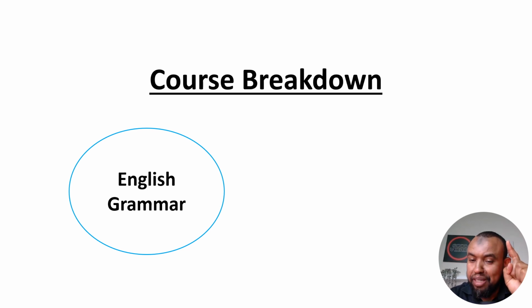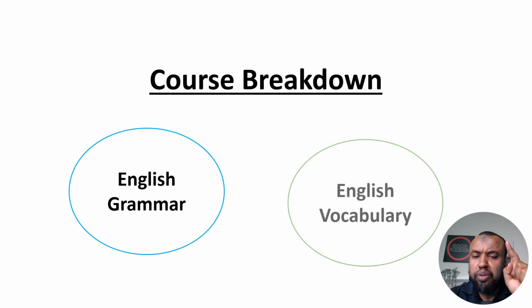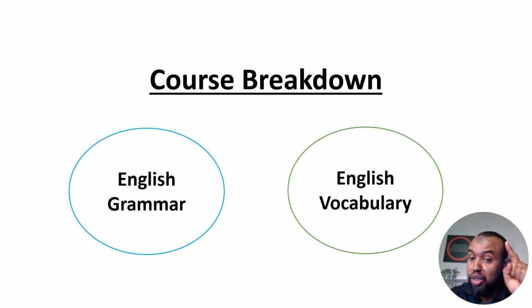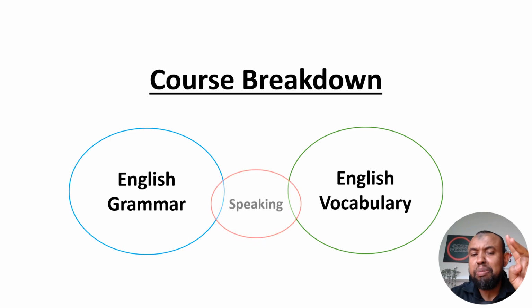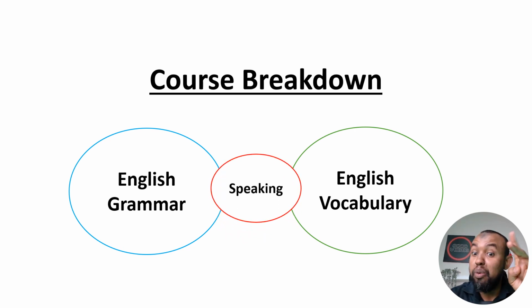Once we have completed the English grammar section, we will move on to the English vocabulary section. But here is the beautiful part. While you're learning the English grammar and the English vocabulary for the beginner level, we will be using our speaking skill in both these areas.